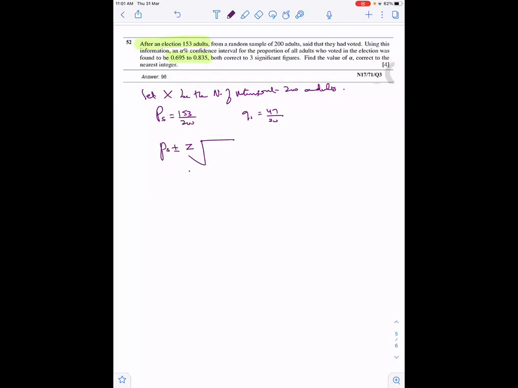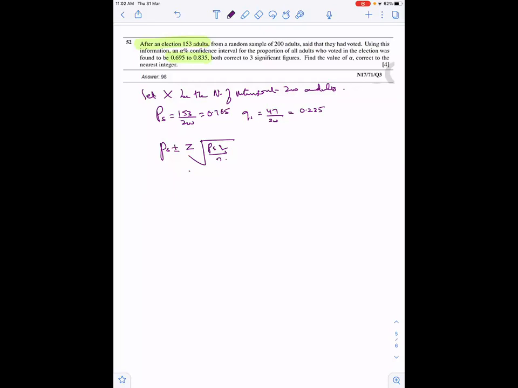PS into QS would be 153 upon 200, which is 0.765 here. And this is going to be 47 divided by 200, which is 0.235. So it's going to be PS into QS upon N.